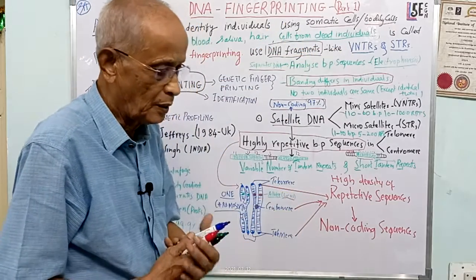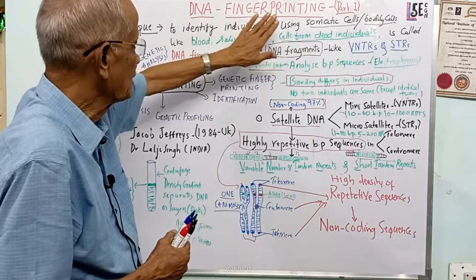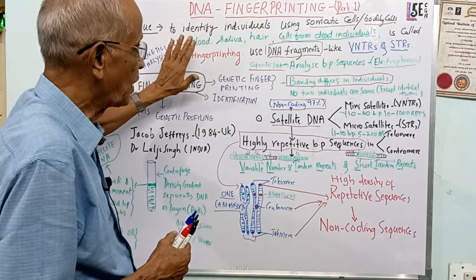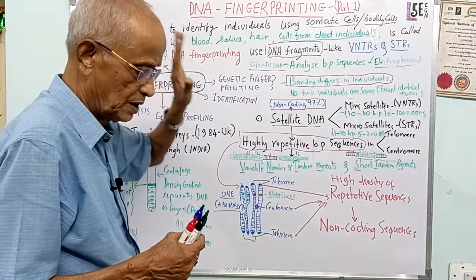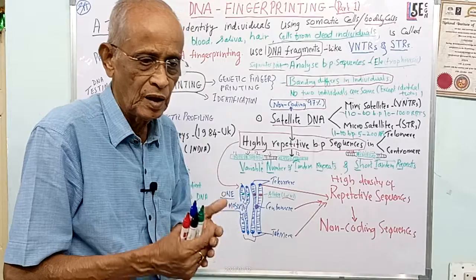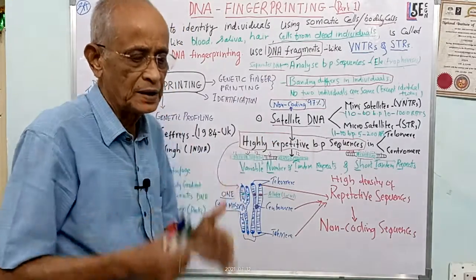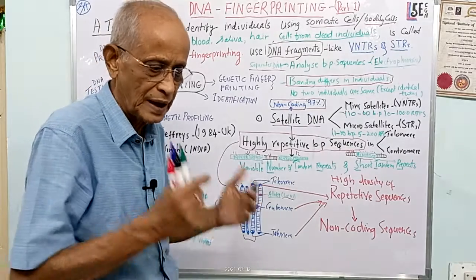I will try to repeat once again. DNA fingerprinting is a technique employed in various areas like crime detection, or maybe paternity identification.